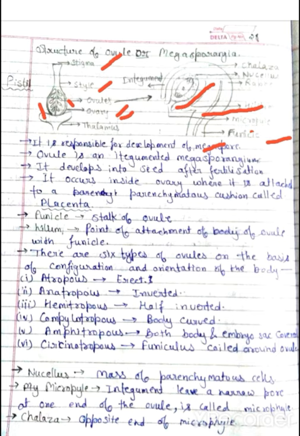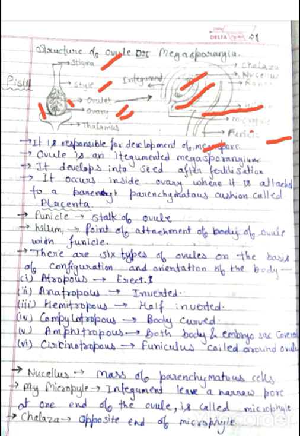It can be campylotropous, that is body curved, and it can be amphitropous, which has both body and embryo sac curved. And the next one is circinotropous, in which the funicle is coiled around the ovule. Here I told you the funicle which is coiled around the ovule.